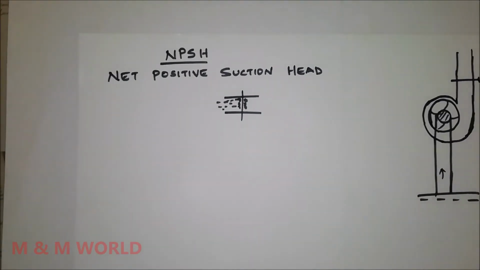In order to prevent cavitation, the total pressure head available at the suction side must be greater than the pressure head corresponding to the vapor pressure.